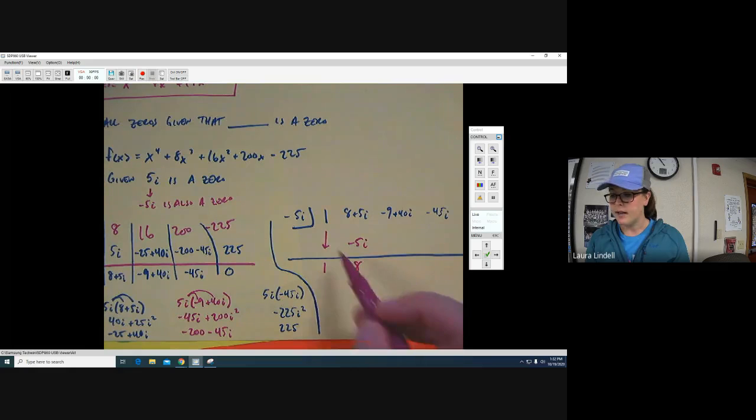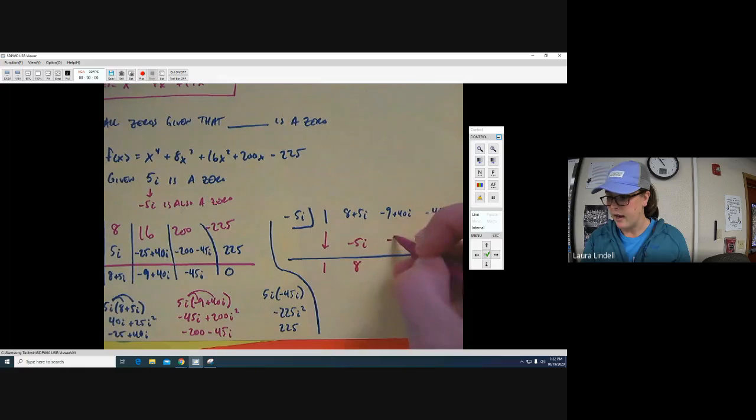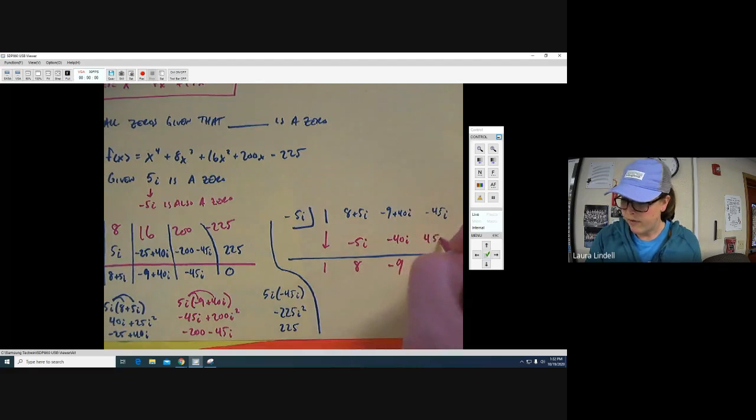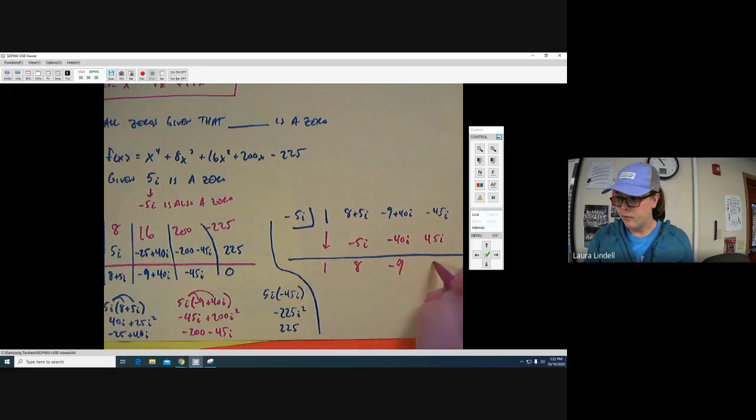Then 8 times negative 5i gives us negative 40i, which works out really nicely because then the i's go away here as well, and we just get negative 9. And then negative 9 times negative 5i gives me positive 45i, and adding down here we get 0.